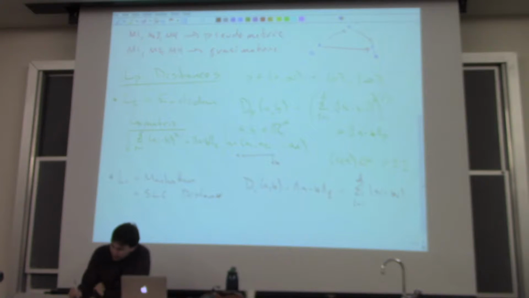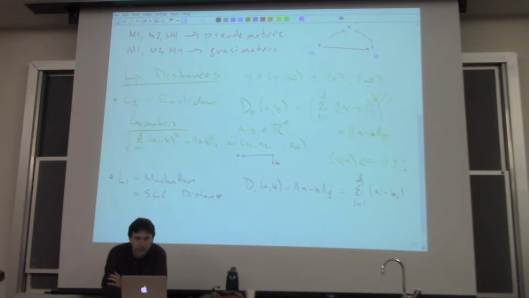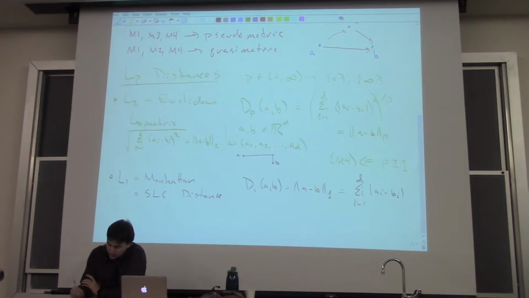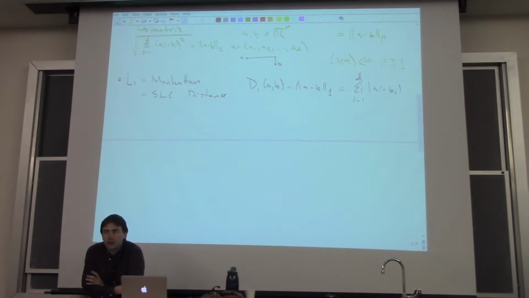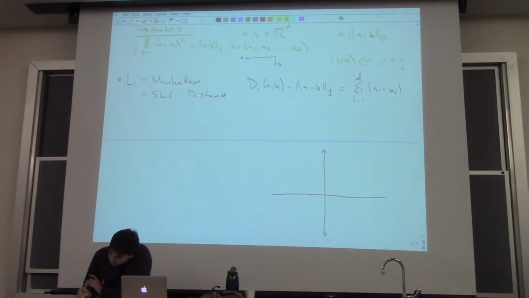One useful picture to draw, let me draw this on the next page here, is to think of the distance from 0 where that distance reaches 1. This would be the picture of a unit ball centered at the origin.